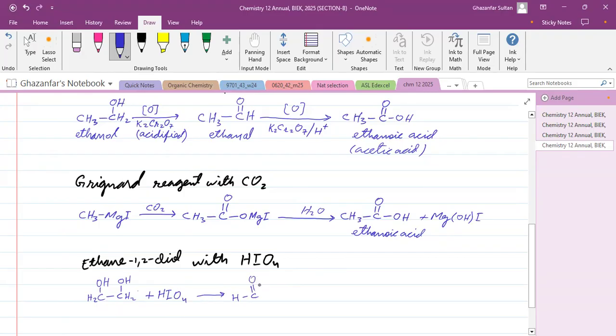So 2 moles of methanal are formed. You can write 2 here. And along with it, the product is iodic acid. So actually it oxidizes the alcohol groups on ethane diol, and itself it is reduced. So this is an oxidation reaction.